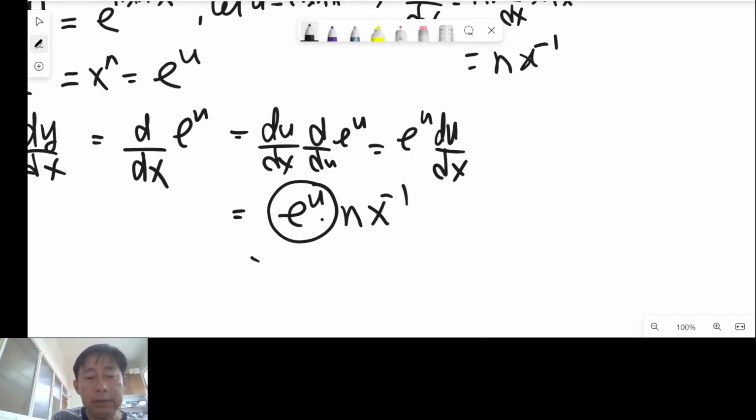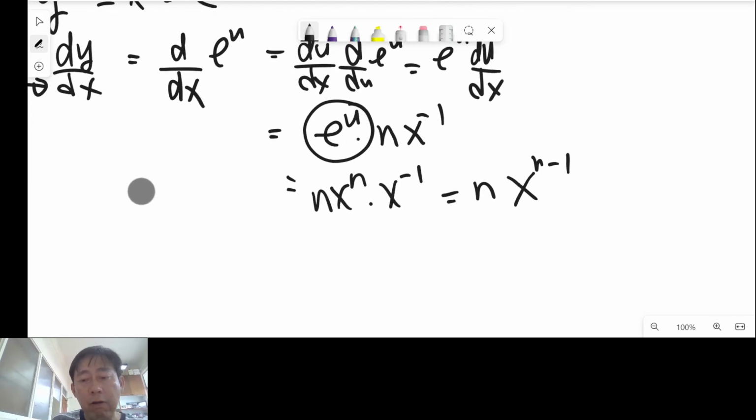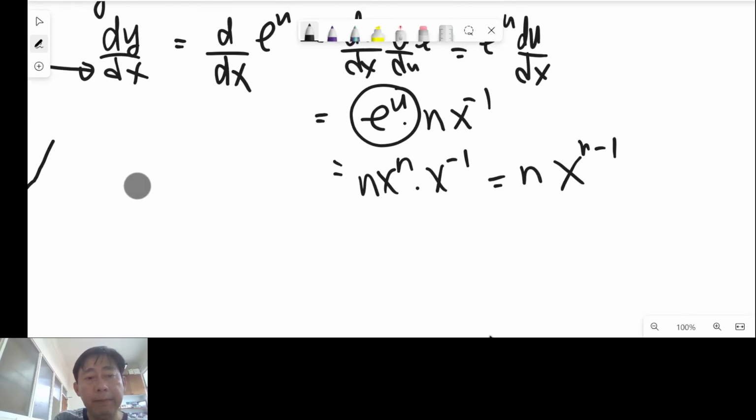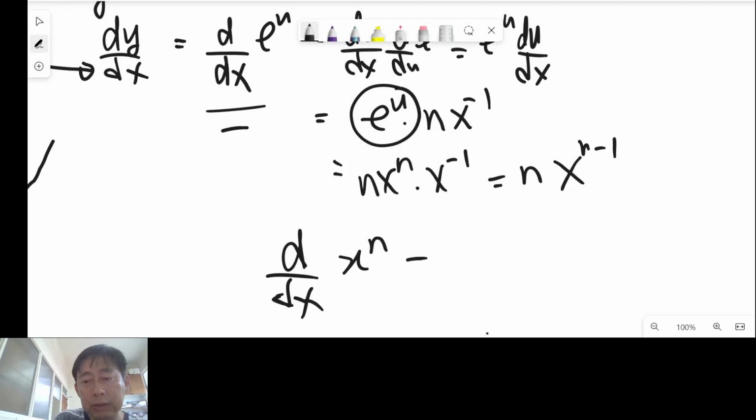Therefore, this is x^n multiplied with the number n and x raised to the power minus 1. So this is equal to n times x^(n-1). Therefore, the conclusion is that d/dx of the generalized power function is equal to n x^(n-1).